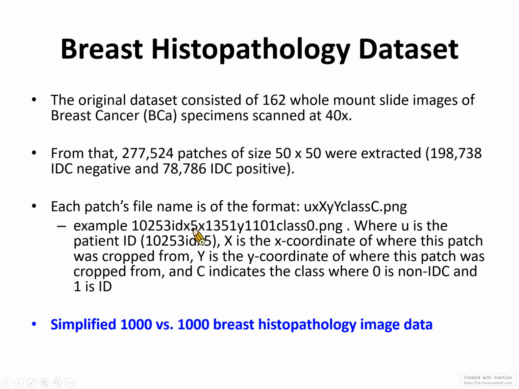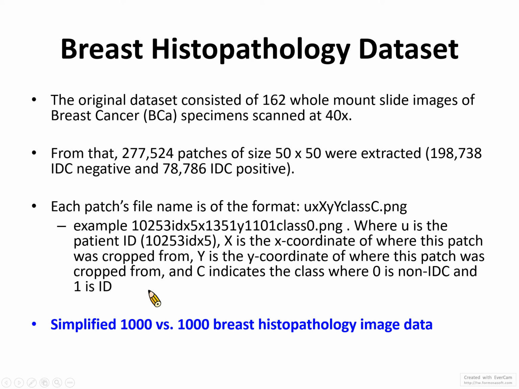So you can use the x and y to reconstruct the original whole mount slide images. But in this case, we just focus on this class. The class label is 0 for non-IDC and 1 for IDC.